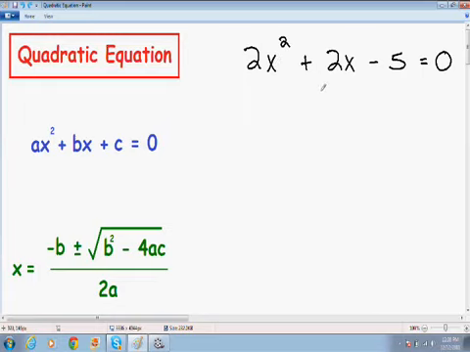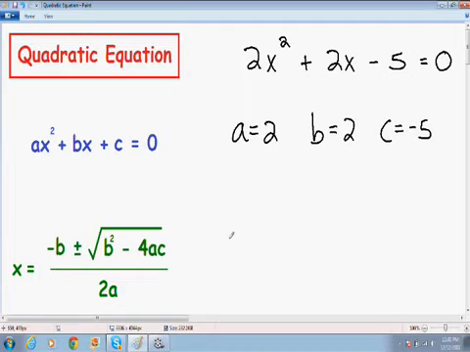B is always the number in front of the x term, or the middle number. And C is always the number that is not attached to an x term. So for this example, our A is 2, which is in front of the x squared term. Our B is also 2 because the 2 is in front of the x term. And our C, the number with no x term, is negative 5.